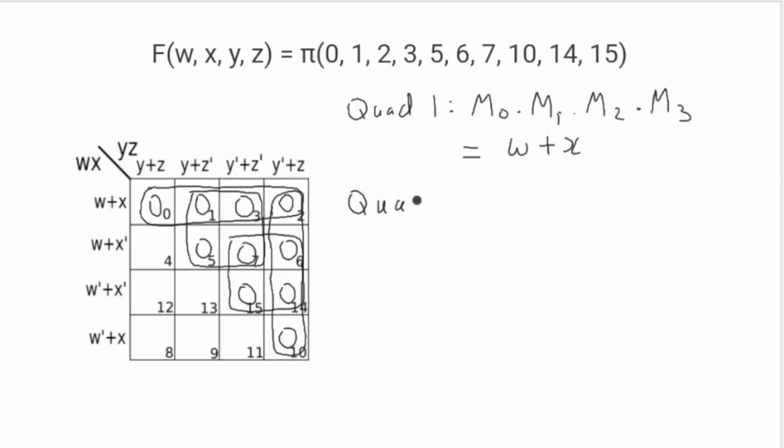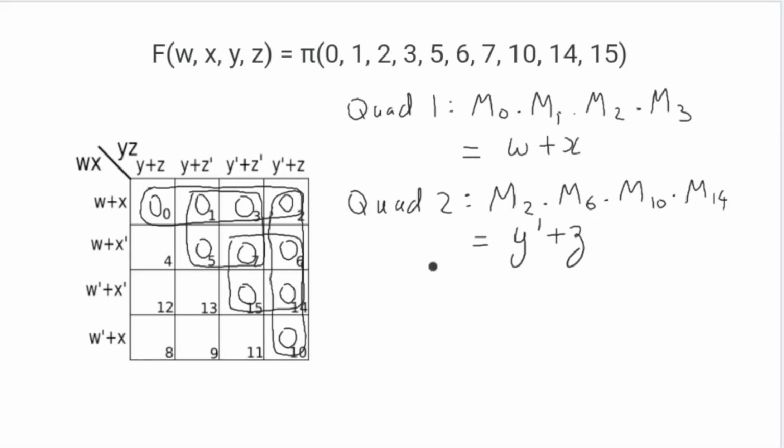Let's move on to our next quad, and that quad 2 is the vertical quad which we made. That will be identified by M2 dot M6 dot M10 dot M14. And again, everything on the vertical axis is changing, so we'll take y complement plus z. So this will be y complement plus z.